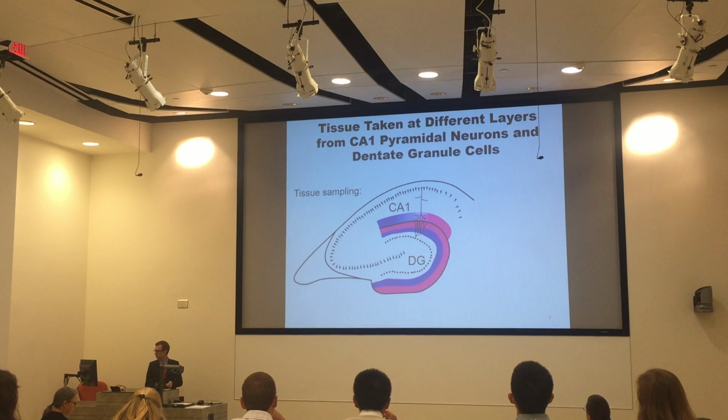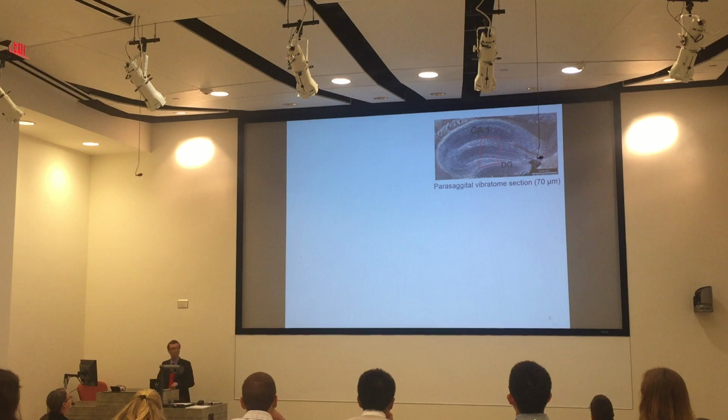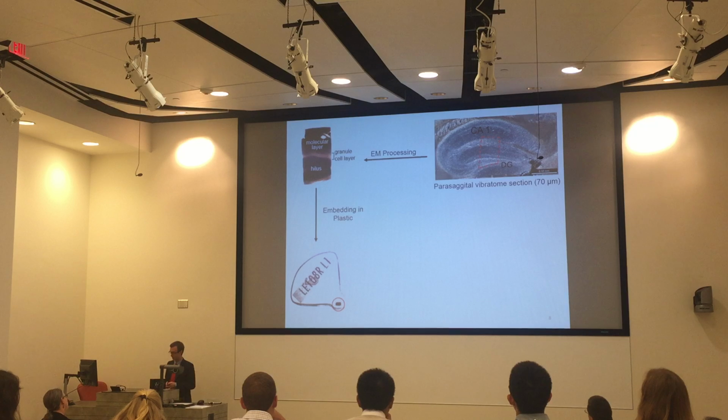And so to answer this, we took tissue from both of these regions, from the SLM in the CA1 pyramidal neuron, and then from the middle and outer molecular layer of the dentate gyrus. So once we have this tissue, it is then processed and stained for EM imaging, and then the tissue is embedded in plastic so that it can then be ultrasectioned to about 45 nanometers.